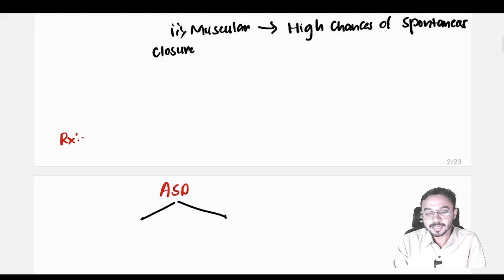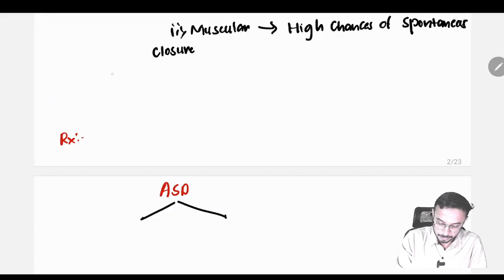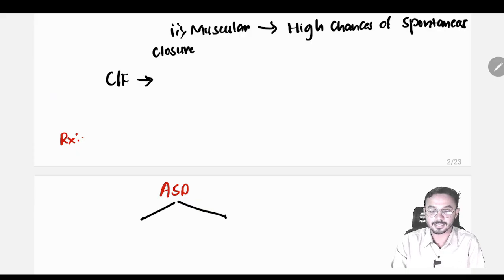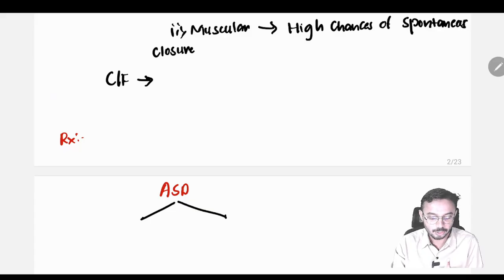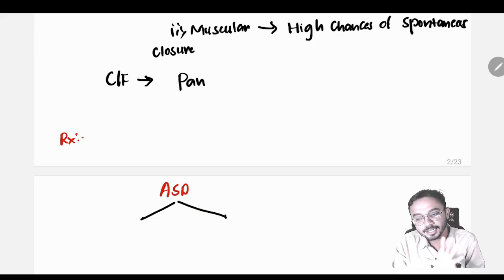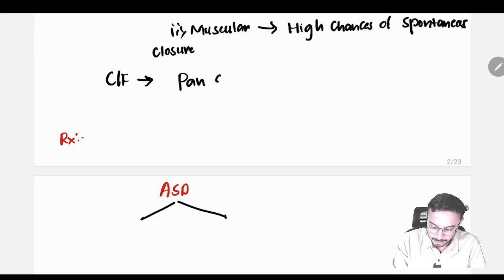What clinical findings will you encounter in VSD? Blood is moving from the left ventricle to the right ventricle, so you will hear a murmur. What kind of murmur? A pansystolic murmur.